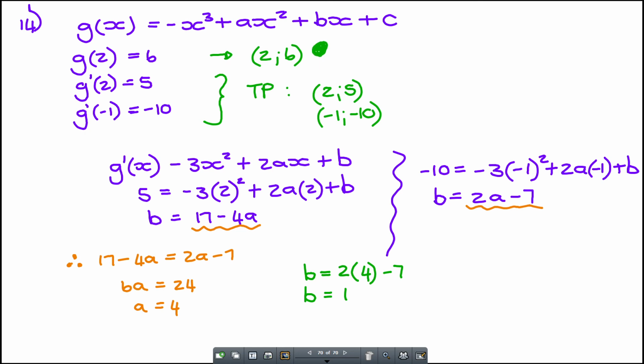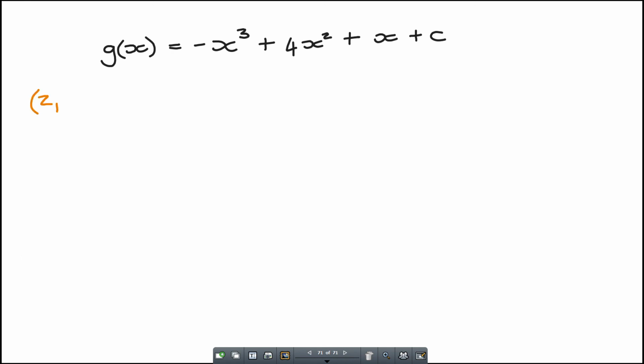That one. Nee. Okay, kan ek dit gou op 'n volgende bladsy doen? My plek is nou min. Okay, so far we have g(x) is equal to minus x to the power 3. En a het ons gesê is 4, so plus 4x squared. B was 1, so just x. Plus C. Okay, so let's go substitute in that point that we don't have yet.